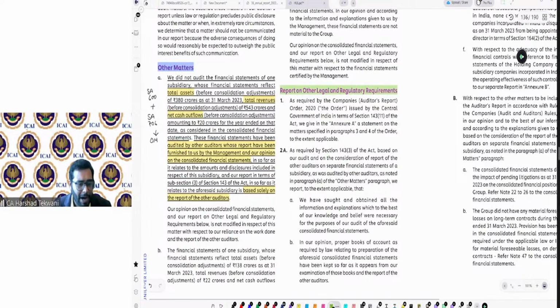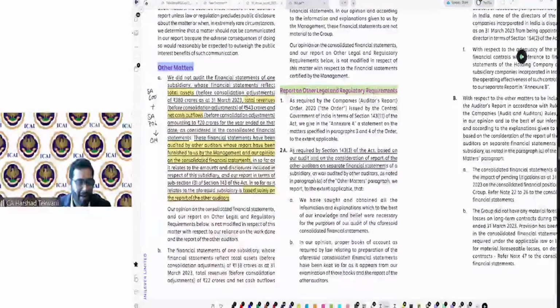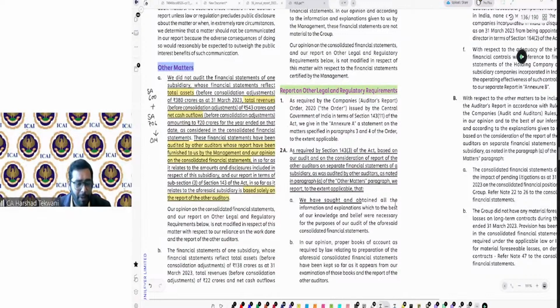So, as required by section 143.3 of the Act and based on our audit and consideration of the report of the other auditors on separate financial statements of subsidiaries, as audited by other auditors, as noted in paragraph A of the other matter paragraph, we report to the extent applicable that we have sought and obtained all the information and explanation which, to the best of our knowledge and belief, were necessary for the purpose of our audit of the aforesaid consolidated financial statement.